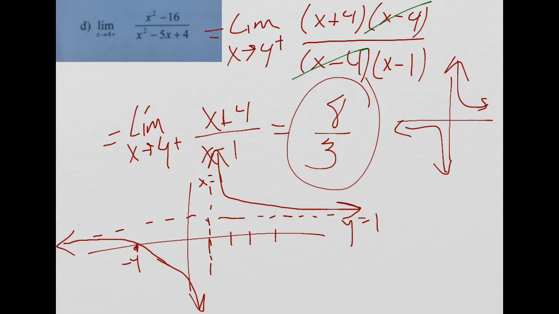this thing is undefined, which means that I cannot plug x equal to 4 into this because I get something over 0. And that comes from this piece that got canceled on the top and the bottom. So I just graph this thing, which is exactly the same as this thing, everywhere except at x equal to 4.